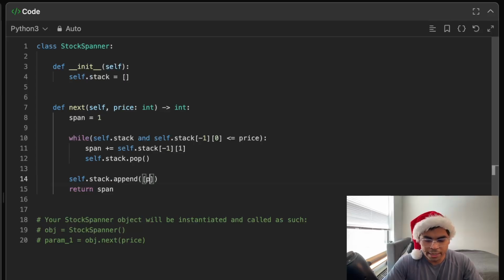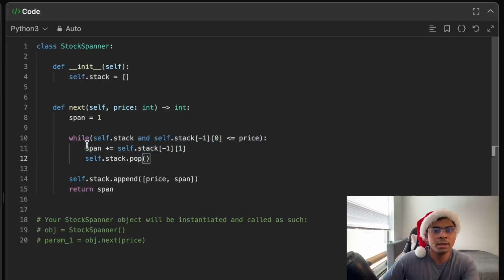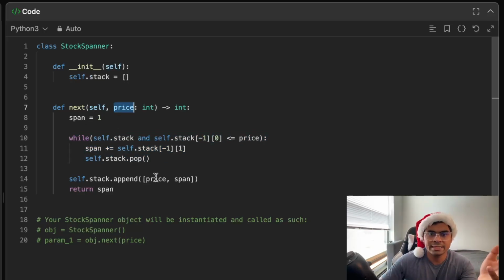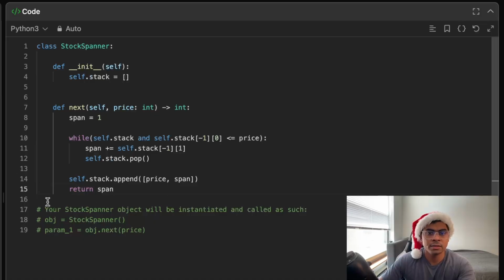We are appending the price, and for that price the span that we have just calculated. So span, remember, even if there is nothing in the stack, or it sees that the top of the stack's price is not lesser than my current price, so at least it will be appending 1 to it, because that's the ask of the problem.